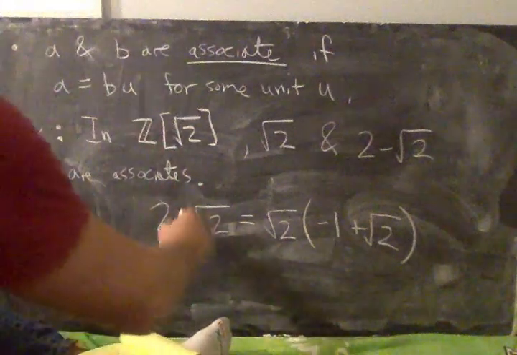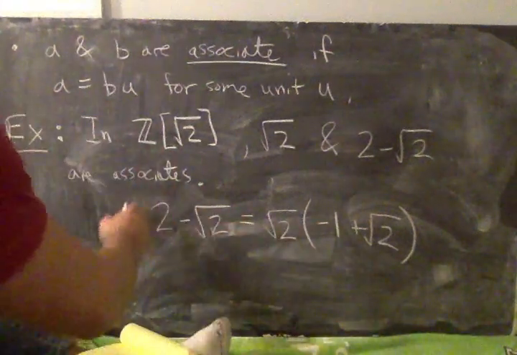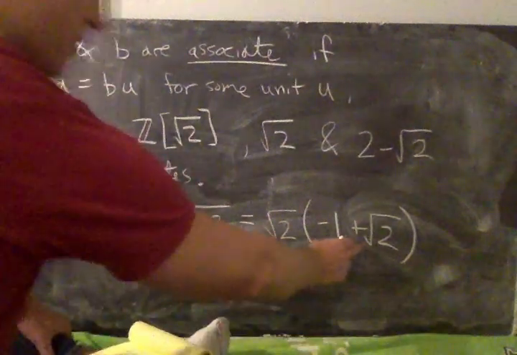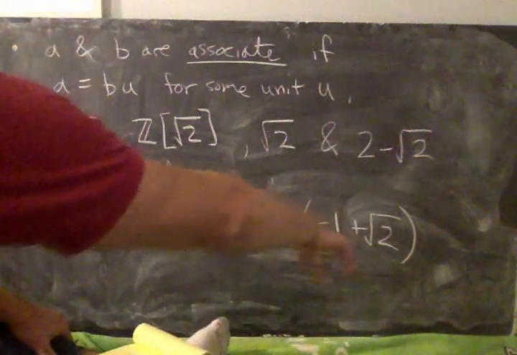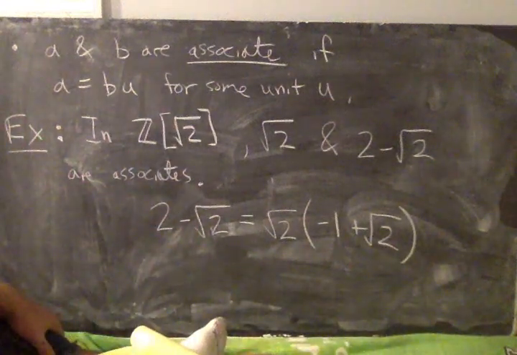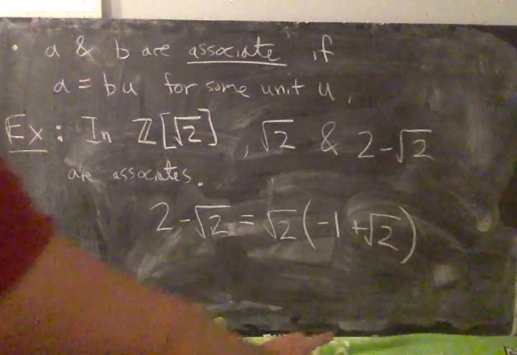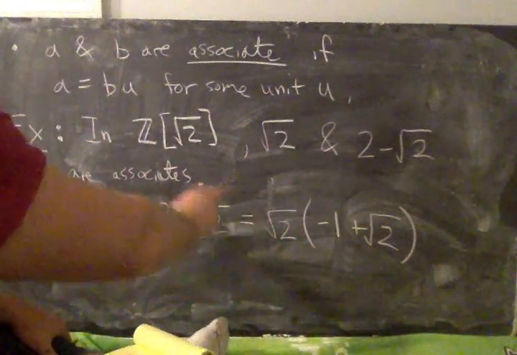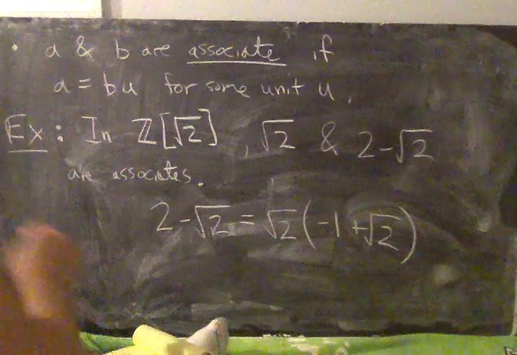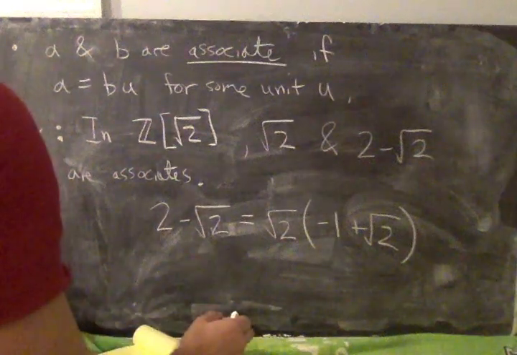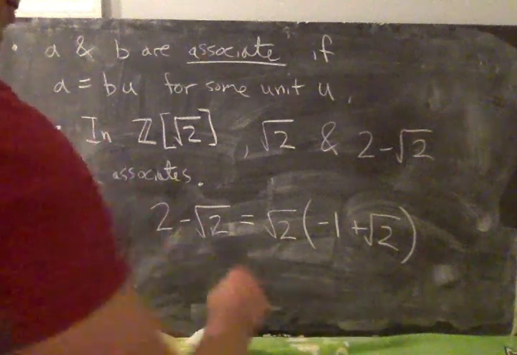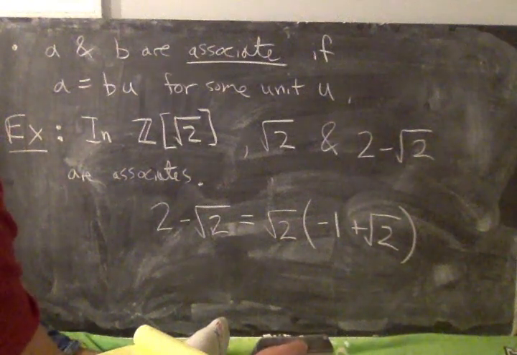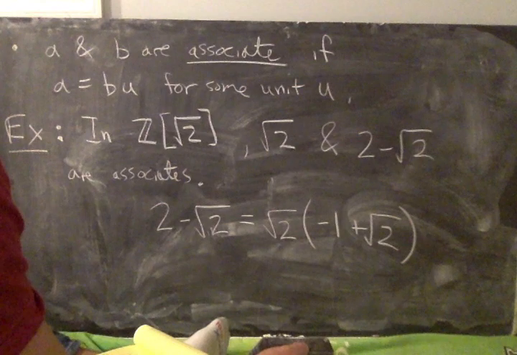Factor square root of 2 out of this, I get minus 1, and square root of 2 out of 2, I get a square root of 2 left. And we saw this as a unit earlier: 1 plus root 2 and negative 1 plus root 2 were units because they multiply together to be 1. So we have a unit times square root of 2 equal to this. A unit times something equal to something implies these are associates. Okay, so that's a non-trivial example there.